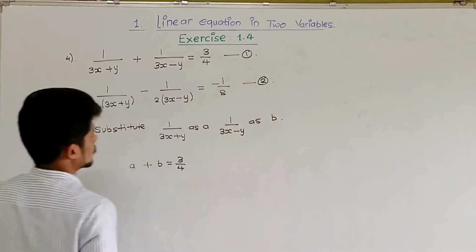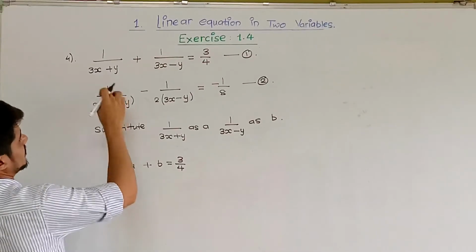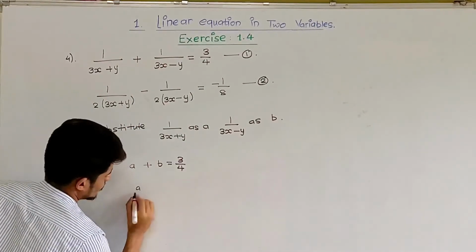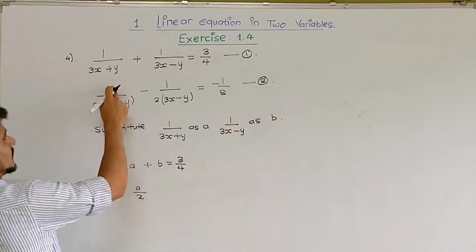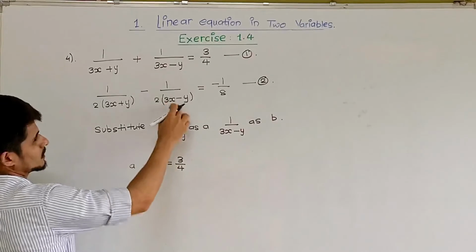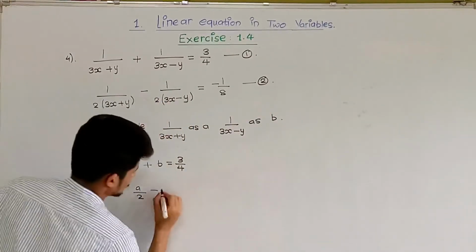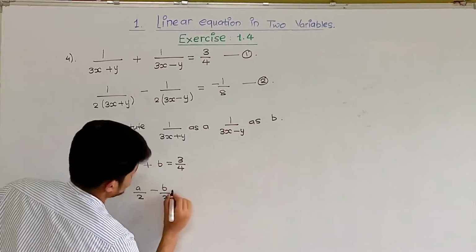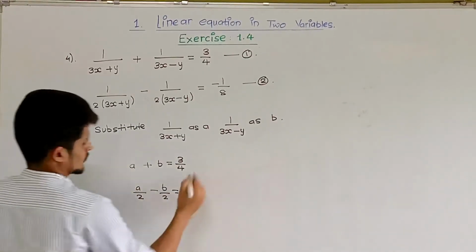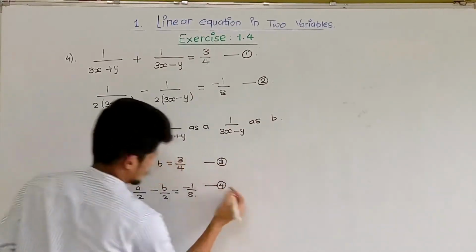Similarly, equation 2 will be 1 upon 2 into 3x plus y, that is a upon 2, minus 1 upon 3x minus y, that is b upon 2, is equal to minus 1 by 8. So these are equation 3 and equation 4.